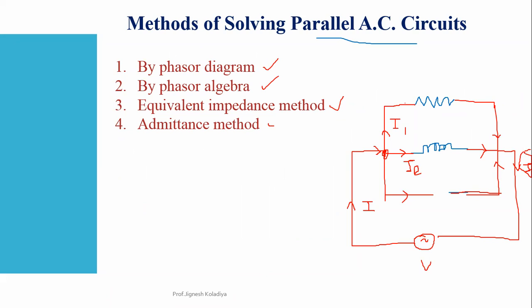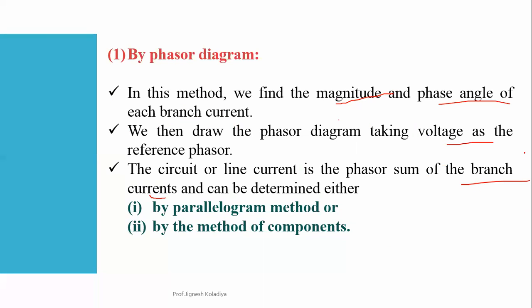You have to add all three components using vectors. For that we have two methods: either the parallelogram method or the method of components. All of you are familiar with both these methods, right?